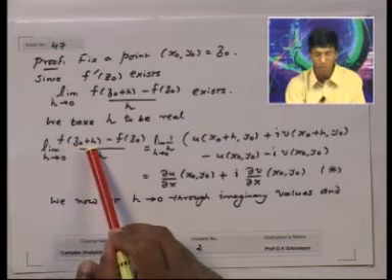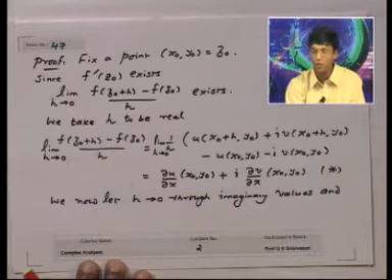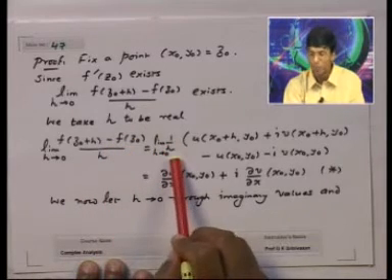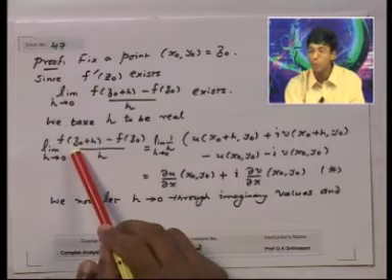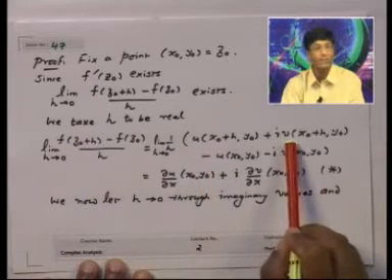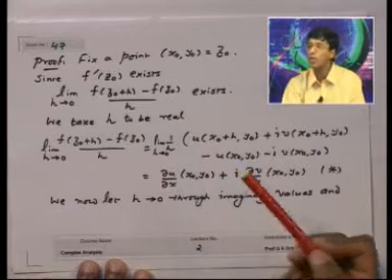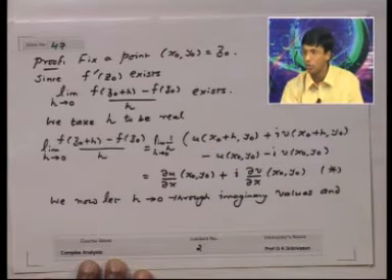It is the limit as h tends to 0 of 1 over h. f is u plus iv, and z naught is x naught plus iy naught, or x naught comma y naught.